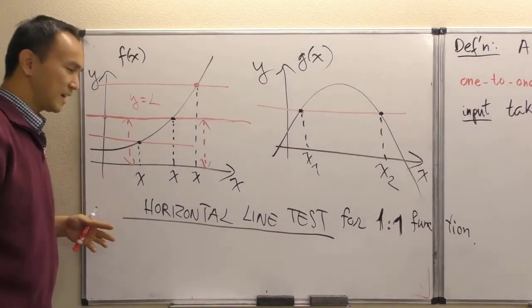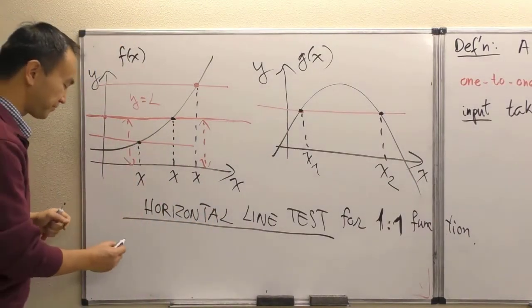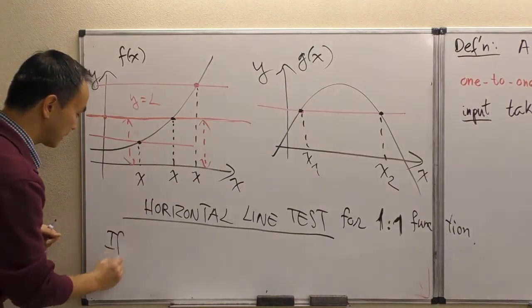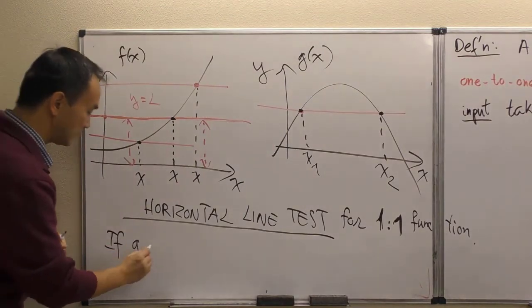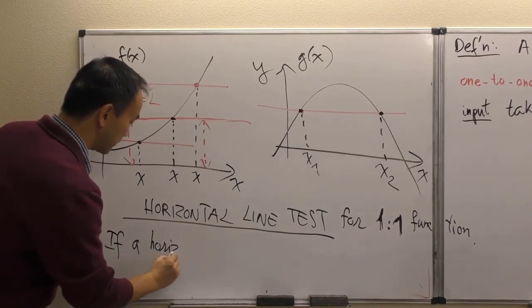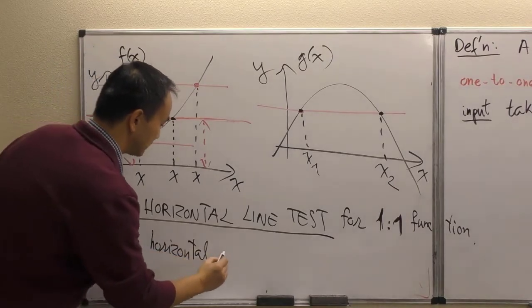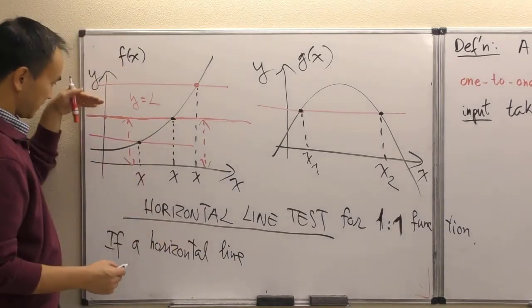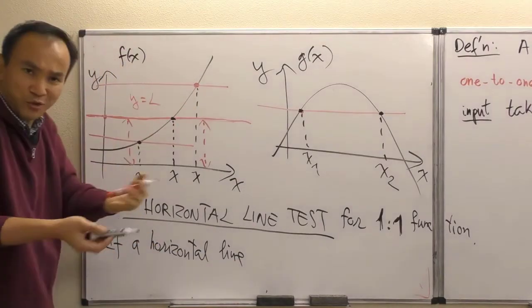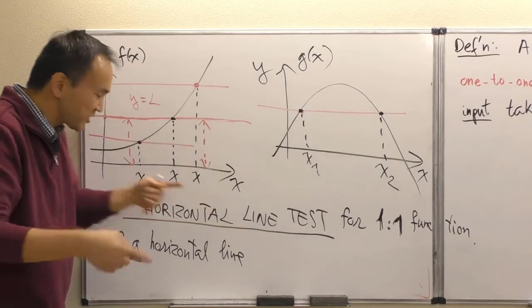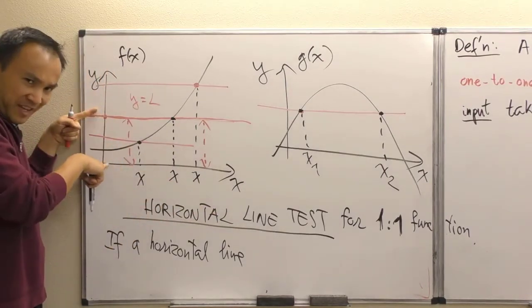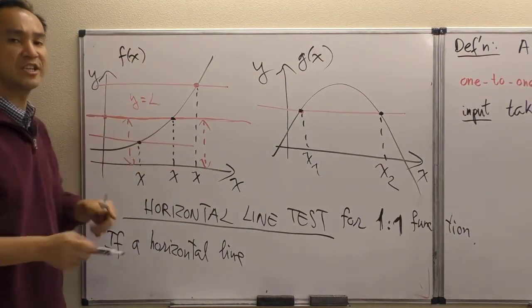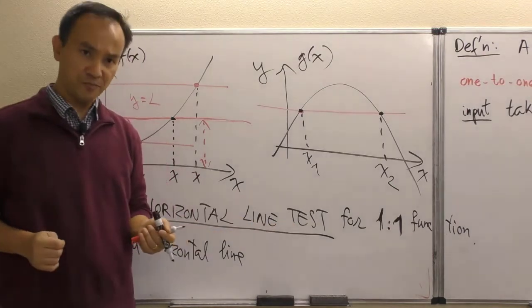Okay, so what exactly does this do? If a horizontal line, because that represents one output, like I said, is any horizontal line placed at a vertical height, and that vertical height is tentatively our output of the function.